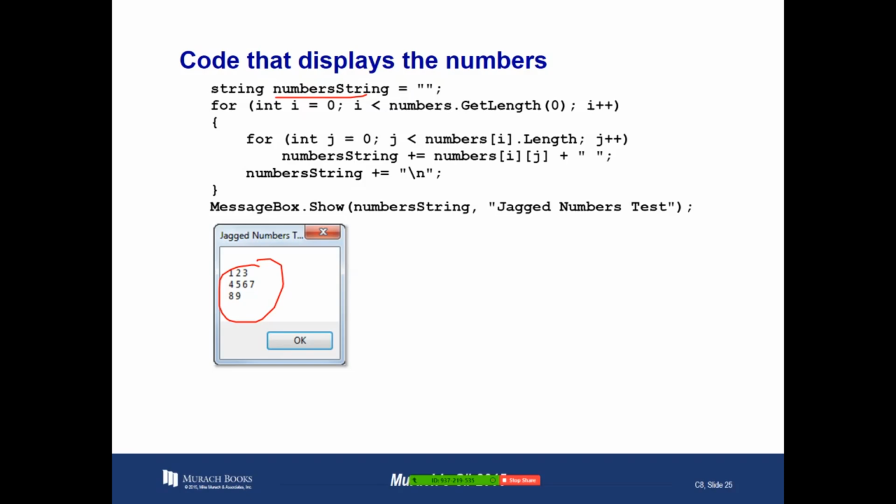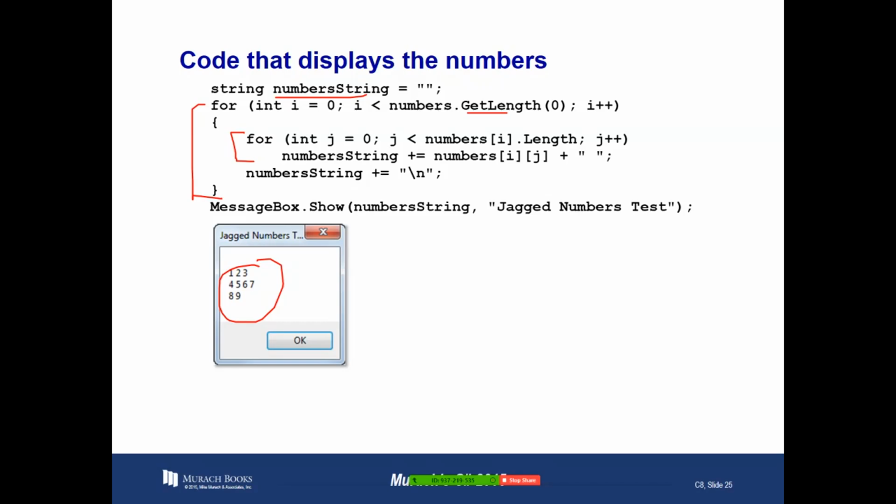And so here we loop through the rows, and inside each row we loop through each little mini array or subarray, you want to call it that. And so we use GetLength to refer to the length, the number of rows.